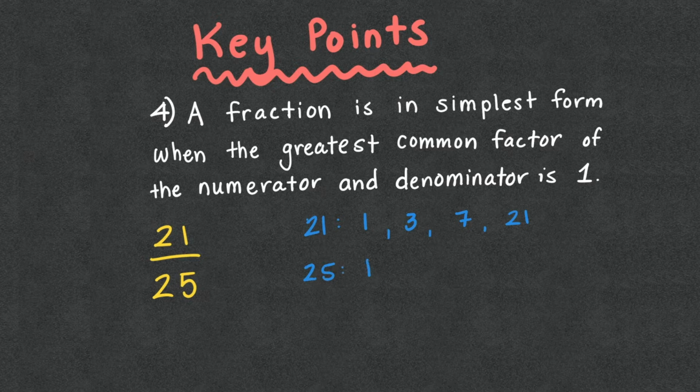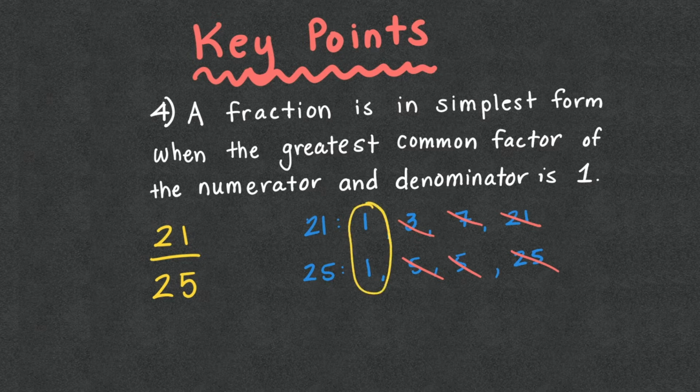For 25, I had 1 times 25, and I had 5 times 5. If you look, they don't share 21, or 7, or 3, or 5, or 25. The greatest common factor that both numbers have in common is the number 1. Therefore, this number is in the simplest form.